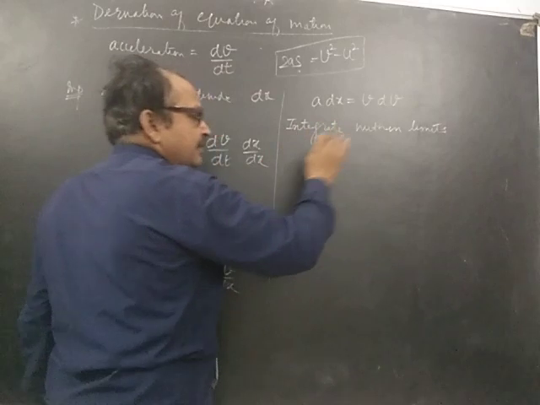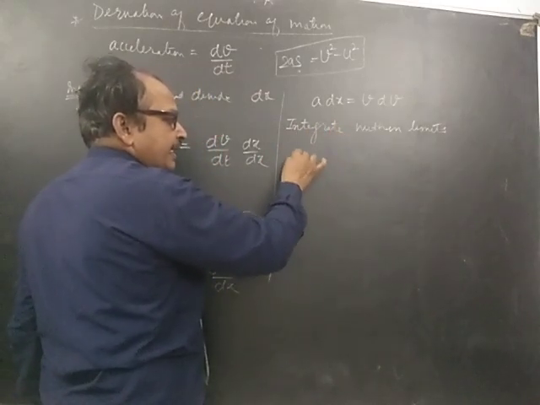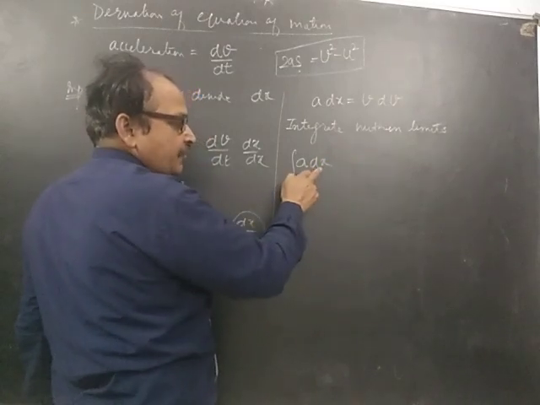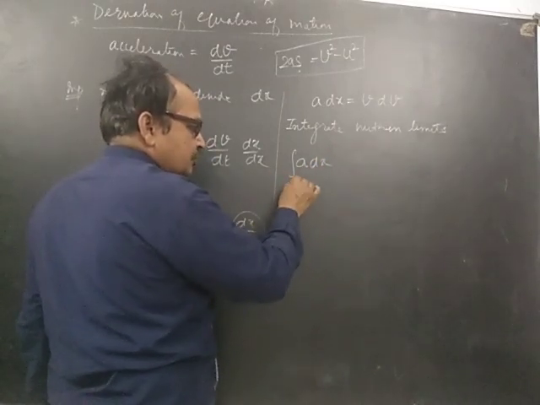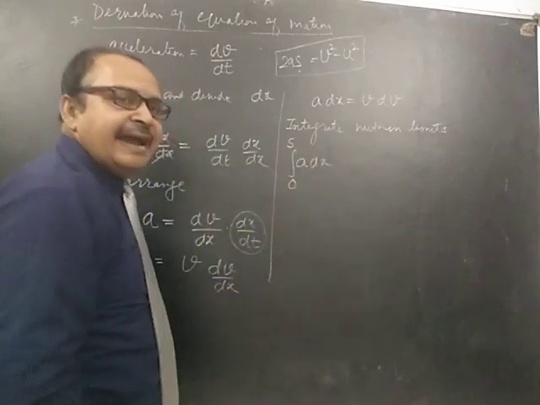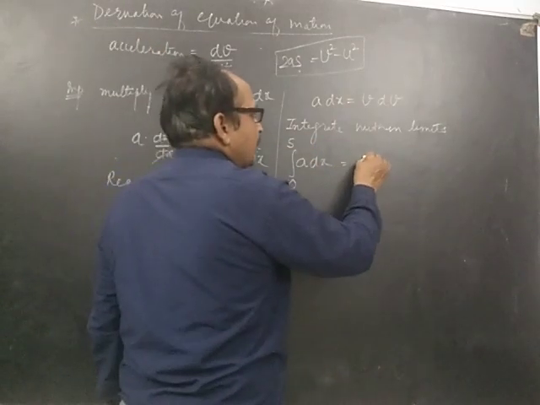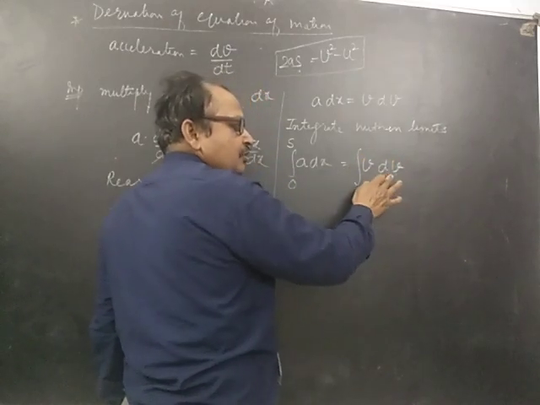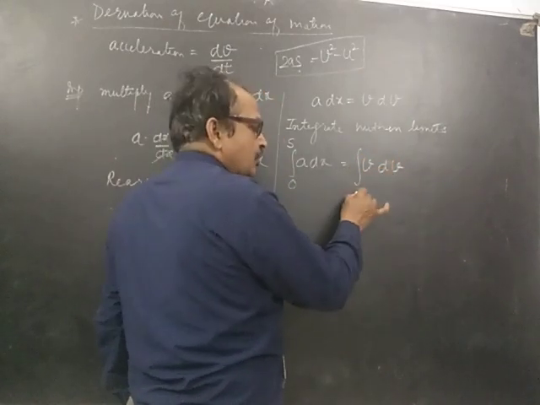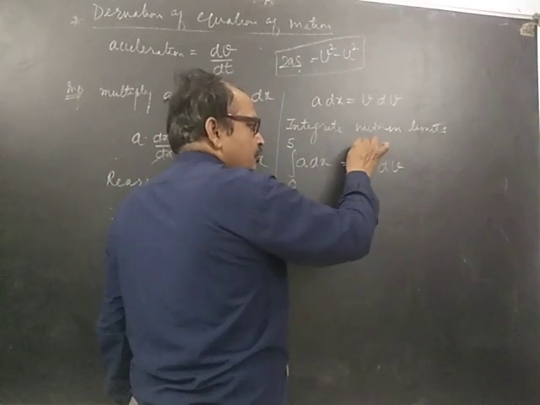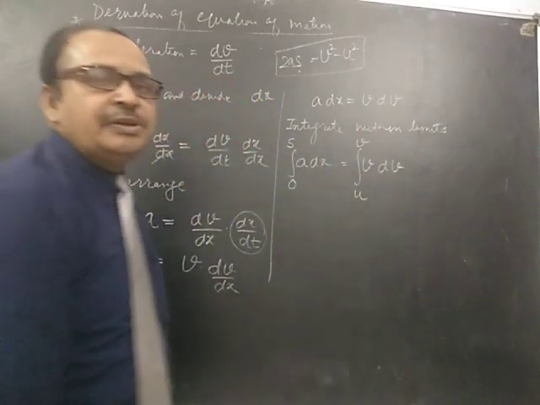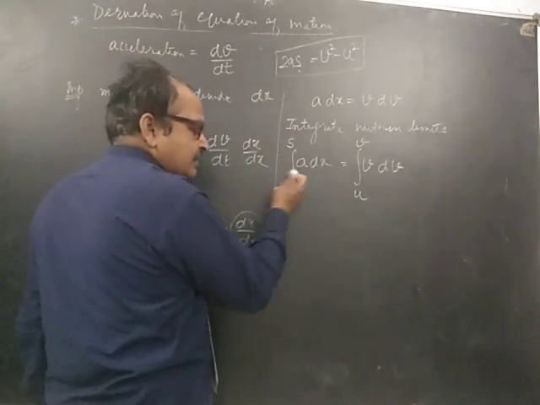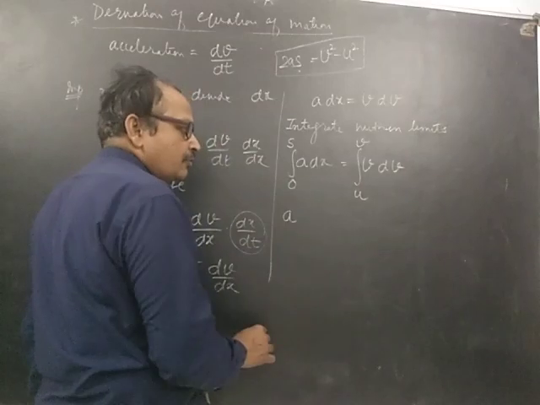So, integration of a dx. Now, this is a function of x, so 0 to s, is equal to v dv. It is a function of velocity, so it will go from u to v. Any doubt, my dear friends? Now a is constant. It will come out.